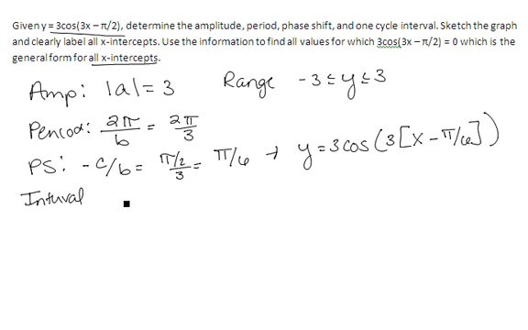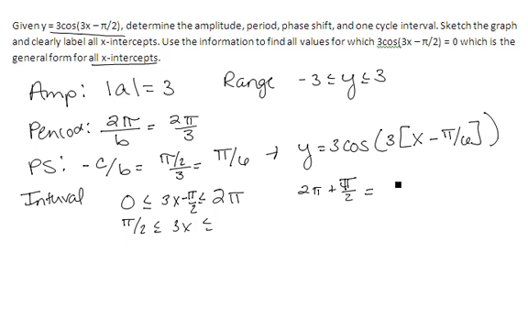Our 1 cycle interval would be to take the original cycle from 0 to 2 pi, but now I want 3x minus pi over 2 to produce those values. So I would add pi over 2, 2 pi plus pi over 2.